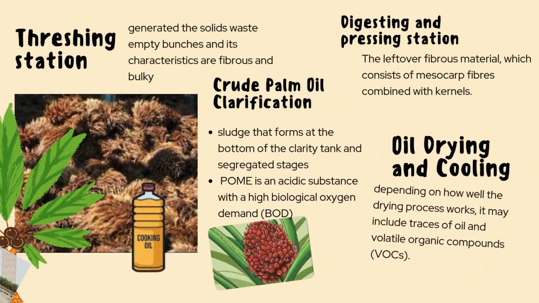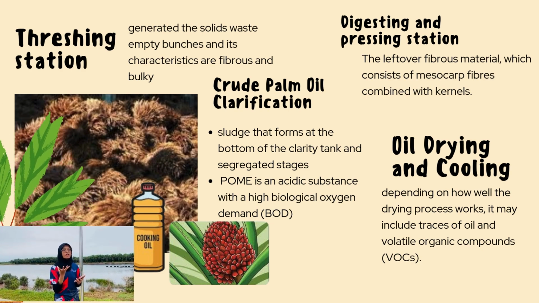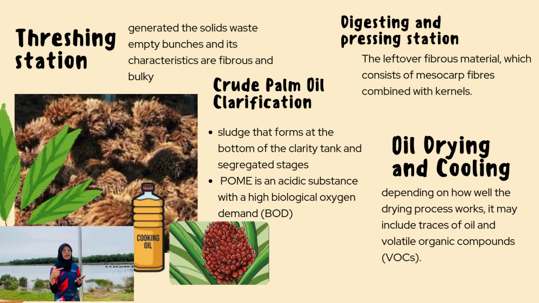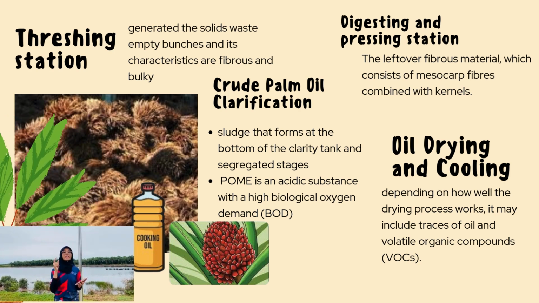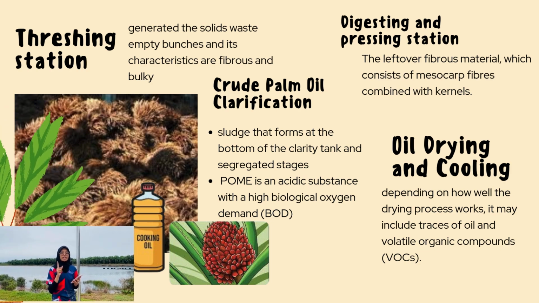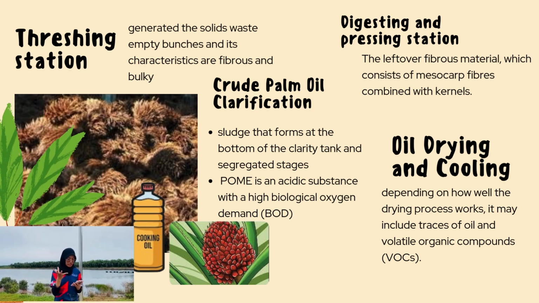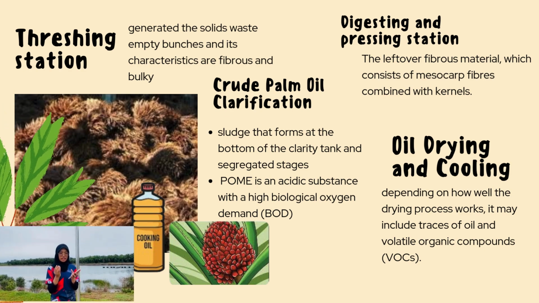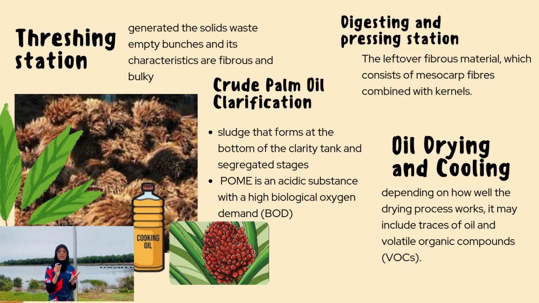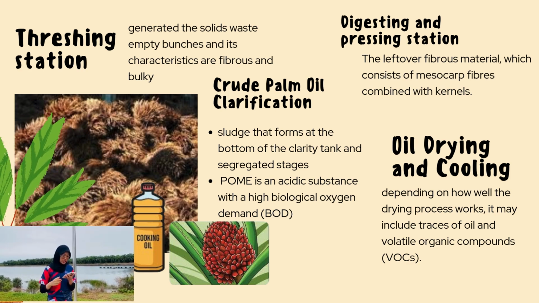For the threshing station, it generates a lot of solid waste from the reception process and the sterilization process. For the pressing station, it just produces mesocarp fiber combined with the kernel, the seed in the fruit of the bunch.